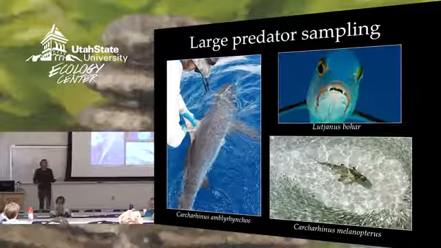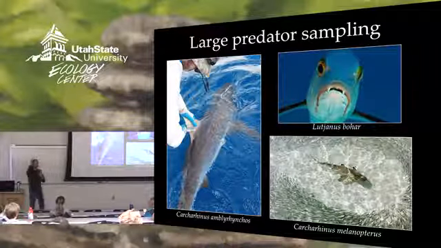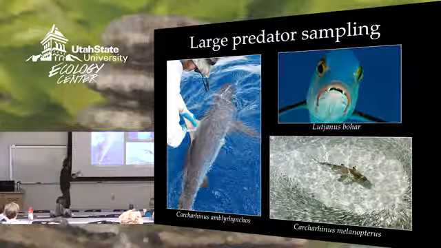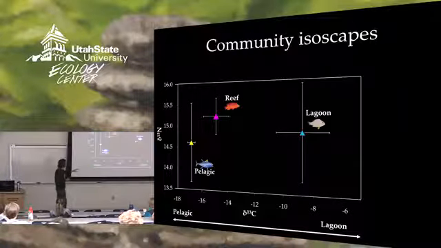Then you go and grab the predators, all the stuff that makes up that blue block in your inverted trophic pyramid. You sample them, run that all through your mass spec, and then plop them into this same plot.